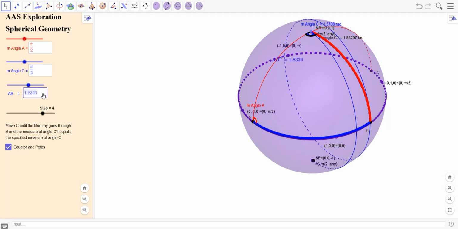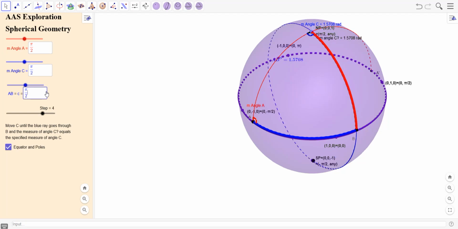So if this is bigger than, let's make this be pi over 2, also in length. And if you look, here is one where if you're at the North Pole and these 2 points on the equator, what do we get? We get pi over 2 here.